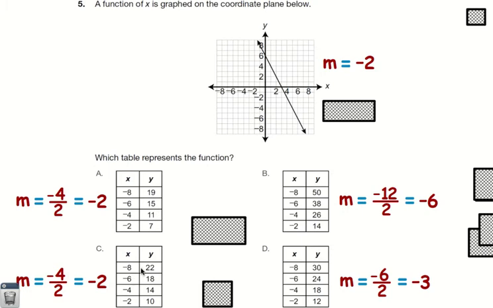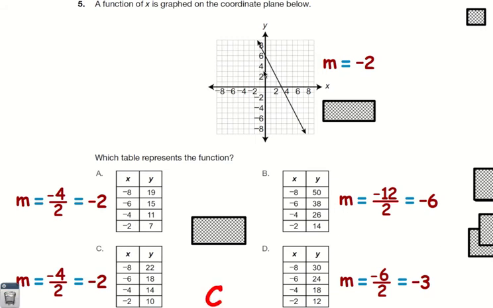So the next thing is, which one is it? A or B? Does negative 2 comma 7 make more sense, or negative 2 comma 10? Well, negative 2 comma 7 is right there, so it's probably C. Yes, it is.